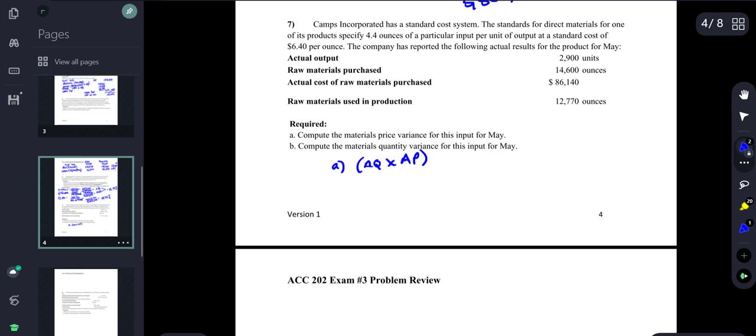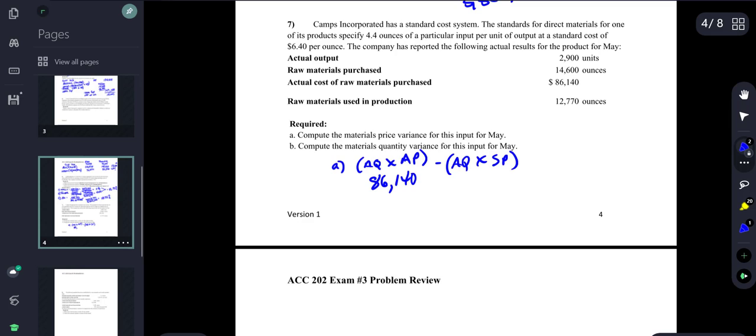And we're going to subtract from it actual quantity times standard price. So actual quantity times actual price, we don't really know the components, but we know that the actual cost from number 7 of raw materials purchased was $86,140.